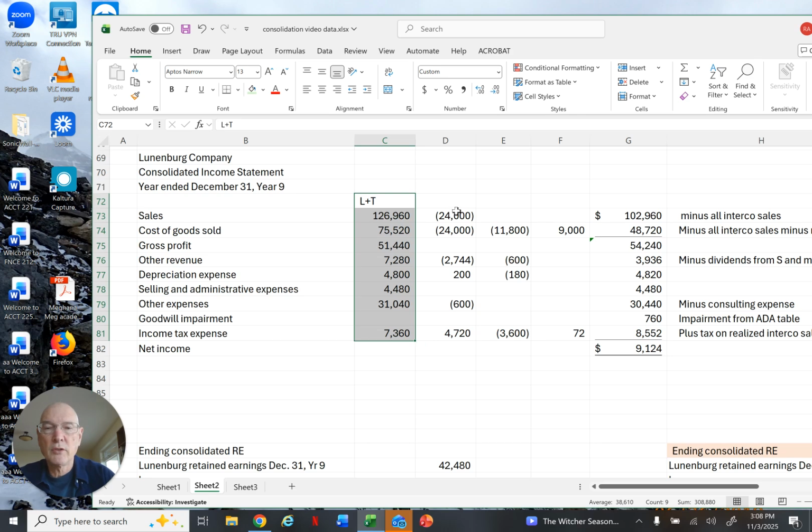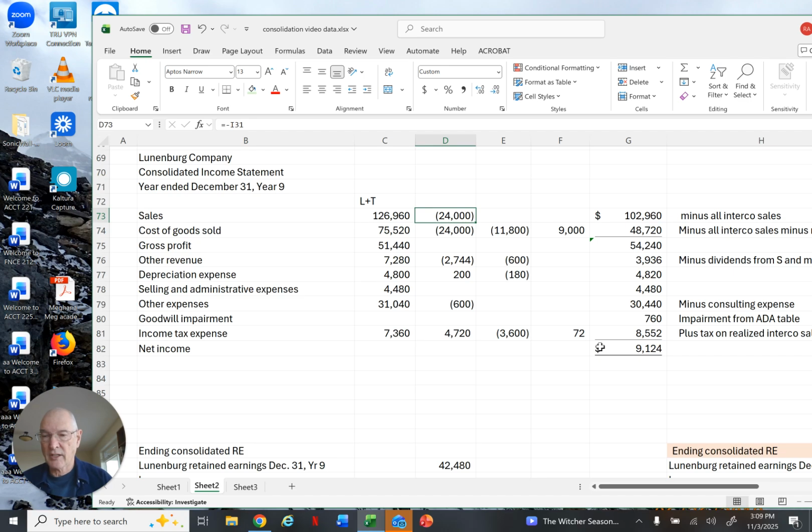Now the first thing we do is we have to eliminate from this all intercompany sales. So recall that intercompany sales for the year were a total of $24,000. So we take this away from sales and we take this away from cost of goods sold. And that's so that we're not reporting sales to each other externally.